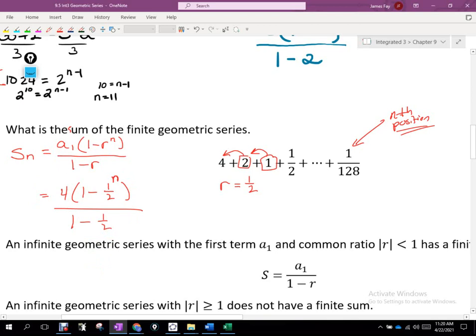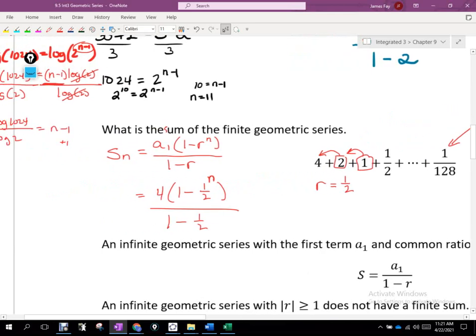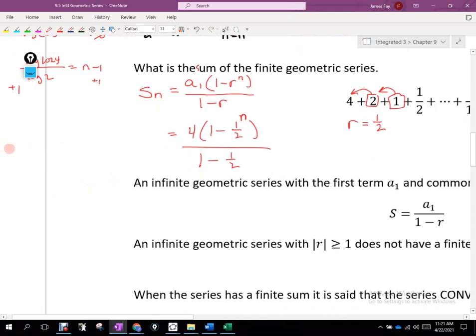Now, we need to go to the side, and however you want to do it, we'll do it all ways. You need to be able to find out what is n. So, if I say a to the nth is equal to a sub 1 r to the n minus 1, every geometric sequence abides by that. We have 1 over 128 as our nth term over here. A sub 1 we have as 4. R we have as 1/2.